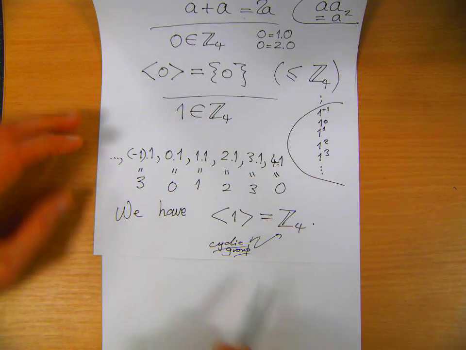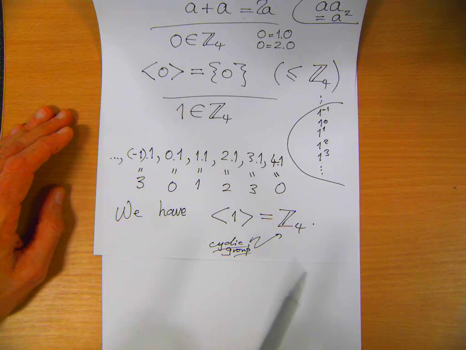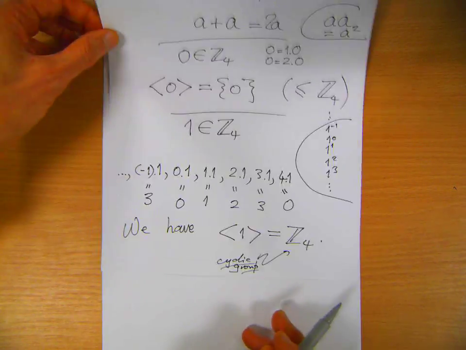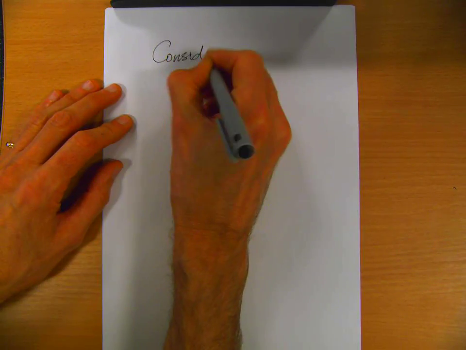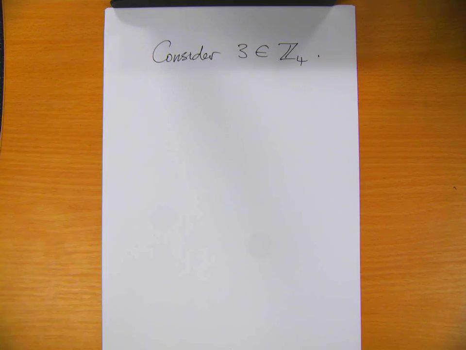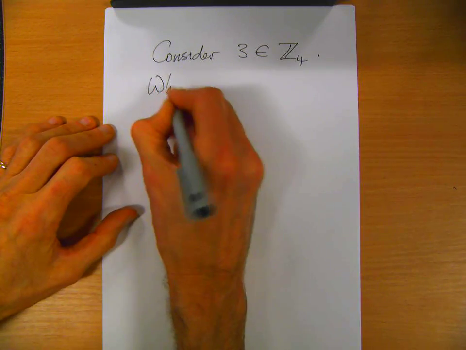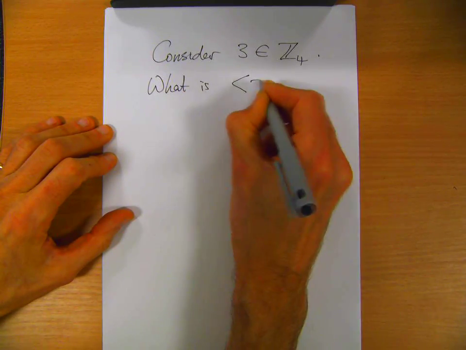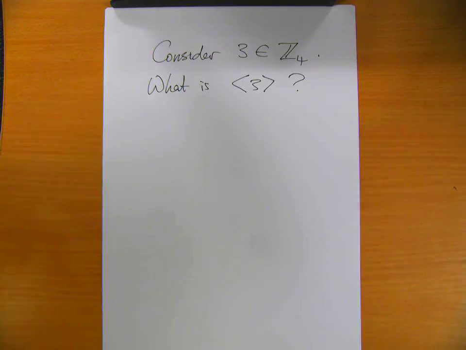Well, we can actually generate Z4 by another element as well. Let's take the element 3. And we could ask, what's the subgroup generated by 3?